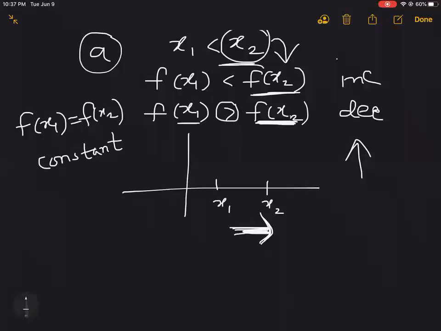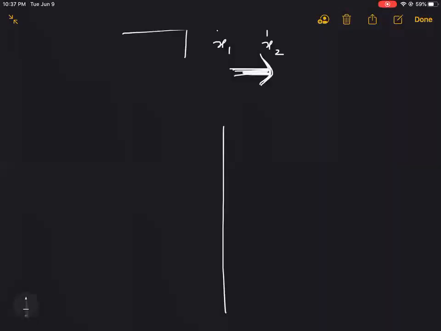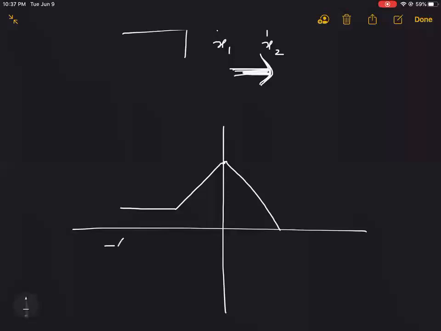Now, let's see one example of it. We might use the same example to find out all of this. So let's say that's my graph. That's -4, -2, 0, +2.